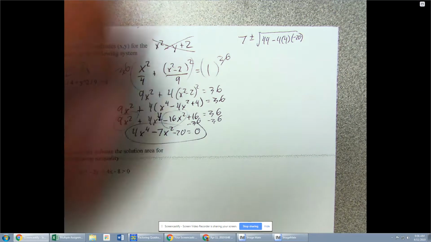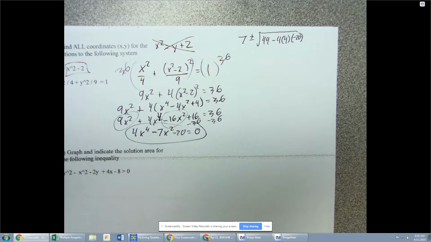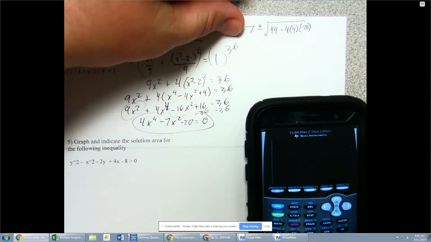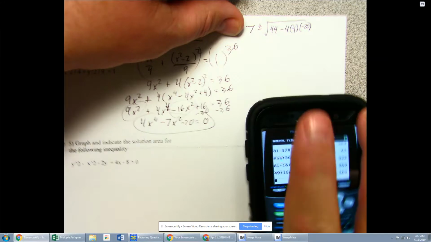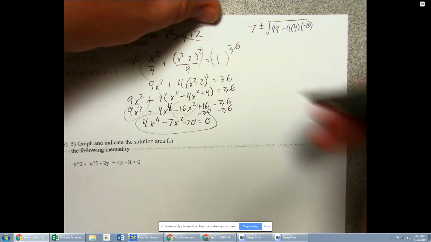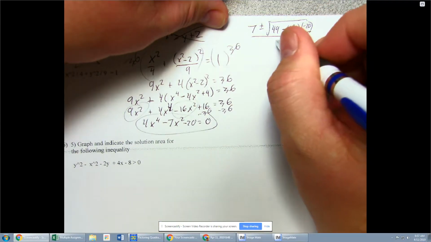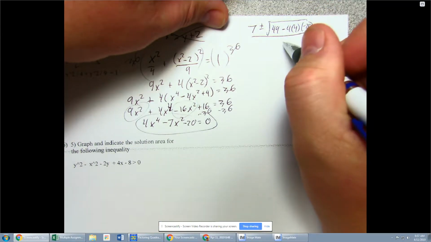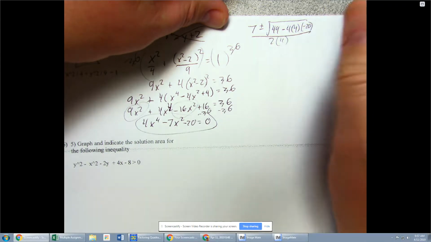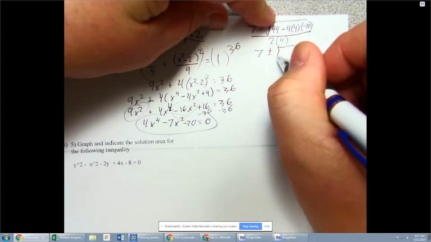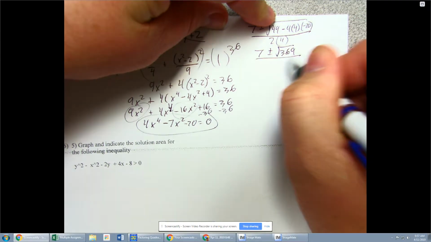Now, if I take my little calculator and do a little basic math here, 2 negatives make a positive, so 49 plus 16 times 20 should give me, yep, 369. And that's all going to be over, I forgot the 2a bit, so 2 times 4. So 7 plus or minus square root of 369 all over 8.